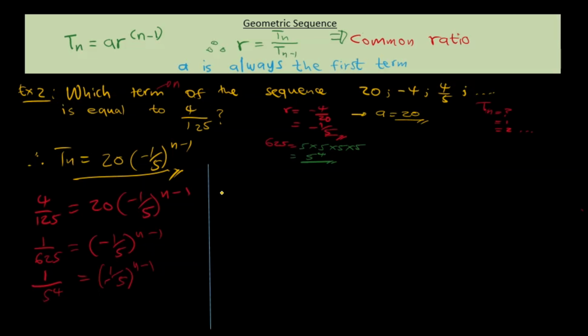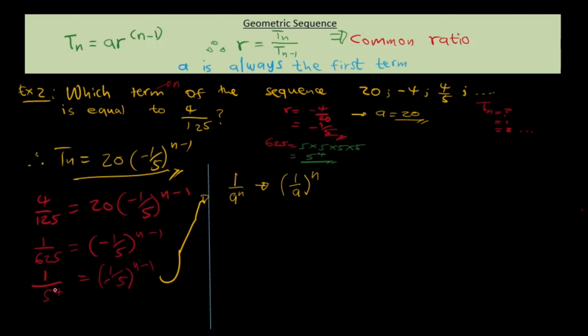Let's continue. When you refer to exponent laws, (1/a)^n can be written as 1 over a^n.